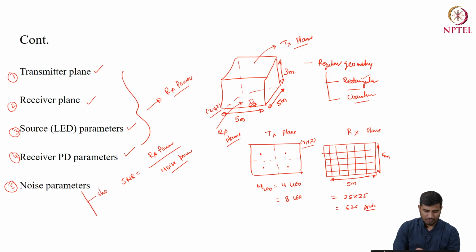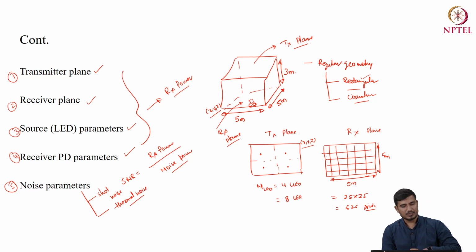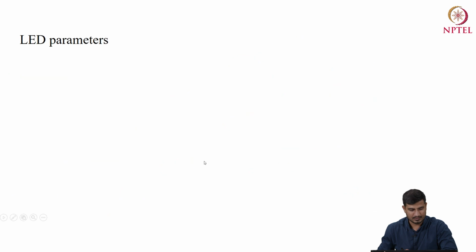First is shot noise, another one is thermal noise. So again, you need to use their respective expression, their parameter value, what are the practical values they have. So you need to give them as an input for the overall SNR analysis of the indoor VLC system.